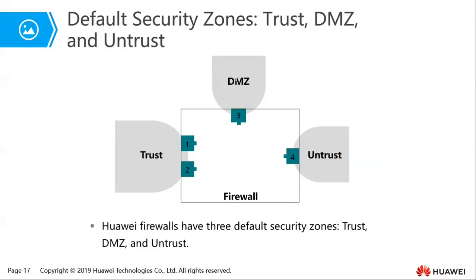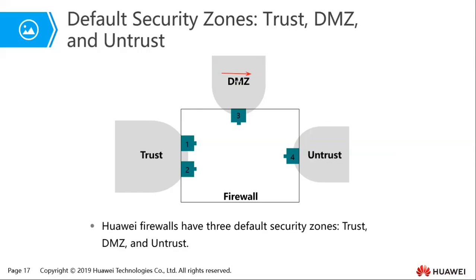Now, I'm sure it's not the first time you're seeing this term, demilitarized zone. So this term actually originated from the military. In the military, it refers to an area which is partially controlled by the military, but is also left out for the public.